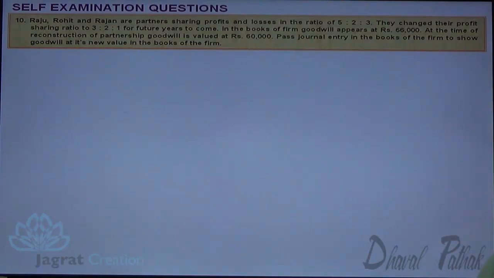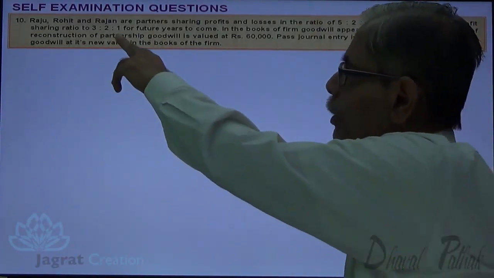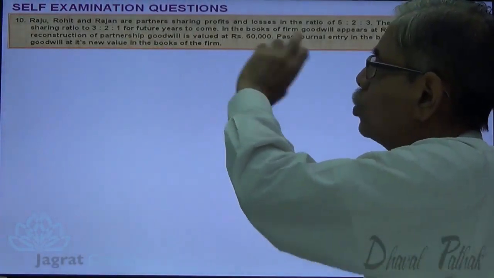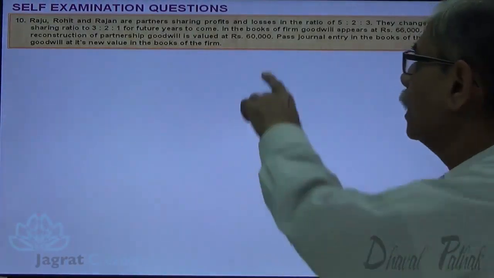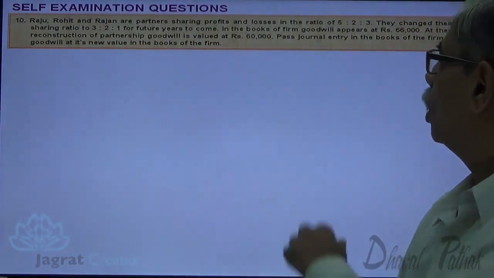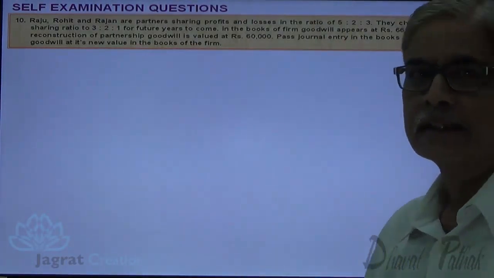Raju, Rohit and Rajan are partners sharing profits and losses in the ratio of 5:2:3. They change their profit sharing ratio to 3:2:1 for future years to come. In the books of the firm, goodwill appears at 66,000.